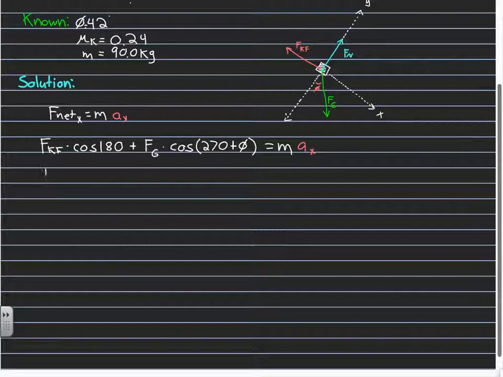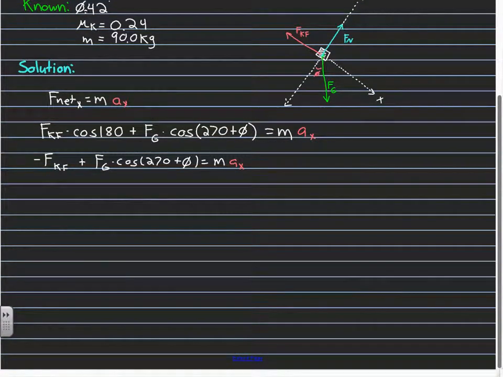First of all, the force of kinetic friction times the cosine of 180 simply becomes negative force of kinetic friction plus the force of gravity times the cosine of 270 plus theta equals m times a sub x. All right, so there we go. Still, we can't solve for it. We don't know the force of kinetic friction, so we open it up. And we say the force of kinetic friction, we can open it up right now.